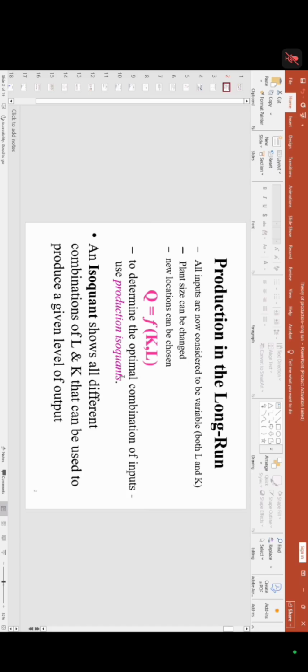That is basically the identification in long run production, and it will be determined by the production isoquant.